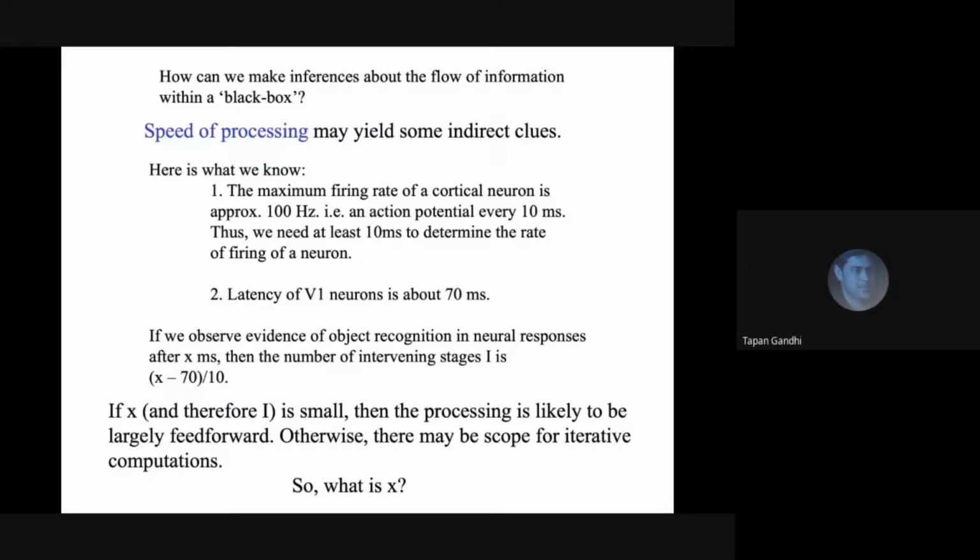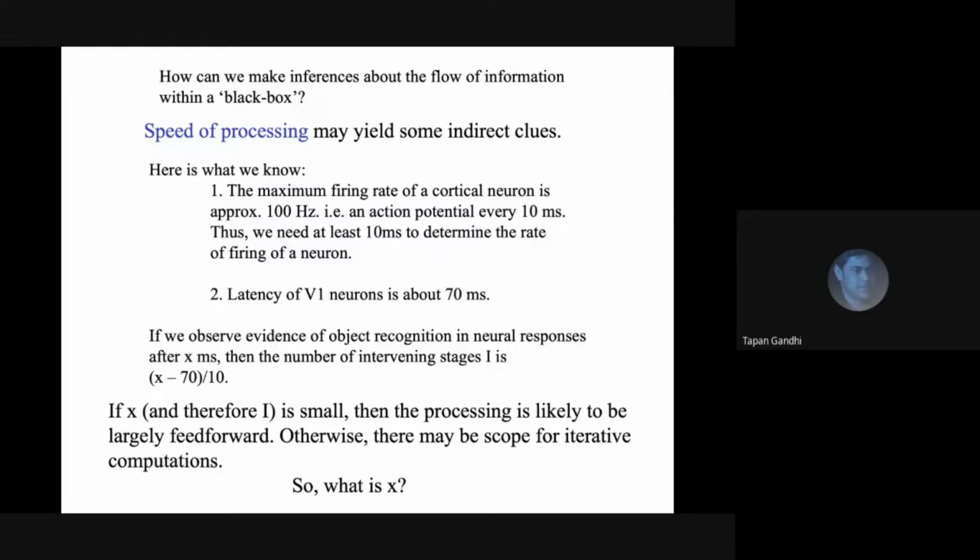If we try to understand the speed of processing, that might yield some interesting clue. The maximum firing rate of cortical neurons is approximately 100 Hz. That means an action potential every 10 milliseconds. So we need at least 10 milliseconds to determine the rate of firing of the neurons.